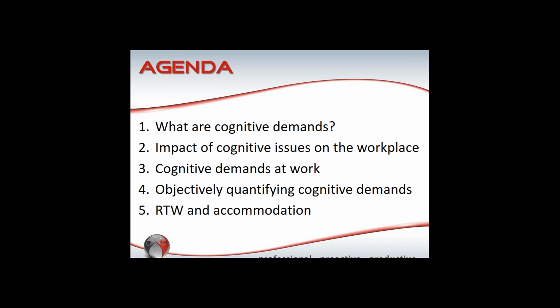Then we're going to move on to cognitive demands at work, and most specifically objectively quantifying those demands. How do we do that so that we can say that this occurs with X frequency or with X complexity? How do we actually evaluate that? And then how do those quantified demands play a role in return to work and the accommodation piece?